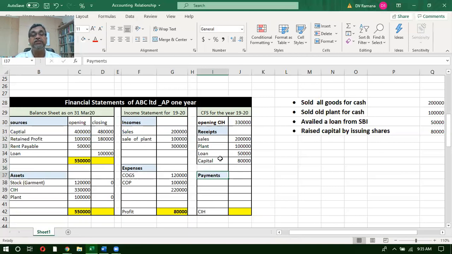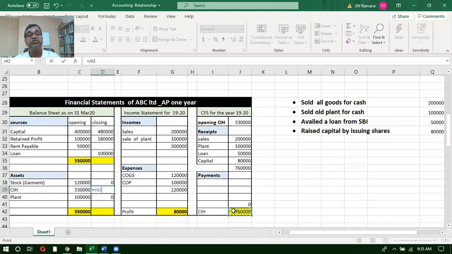Let us find cash in hand. Cash in hand is equal to cash available, and there is no payment. So cash available is 760 minus 0, and cash in hand will become 760, an asset. And no change in the rent table, that stays as it is.